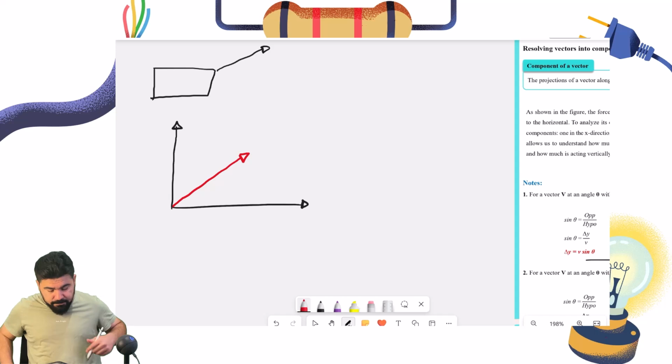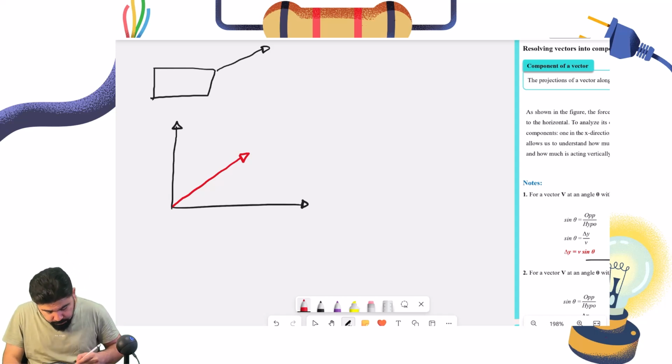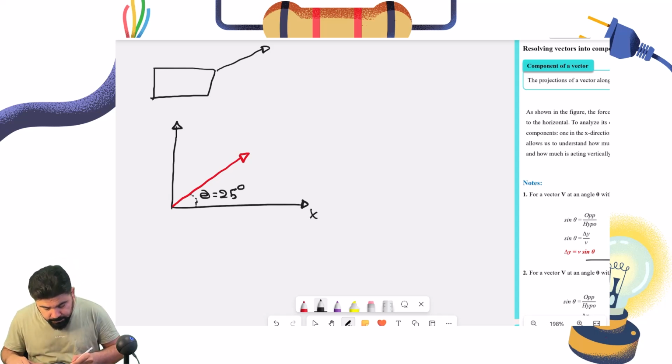Now look, guys, let's give it an angle. Let's say you are pulling this box with an angle, let's say theta is equal to 25 degrees. If you look at this vector, it is not on the x-axis, and it's not completely on the y-axis either.